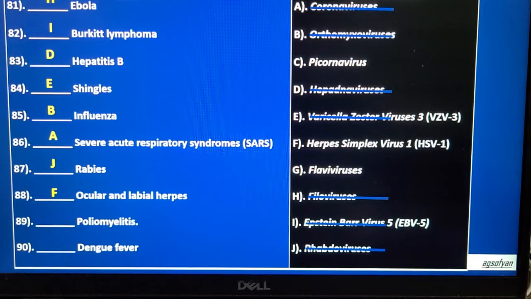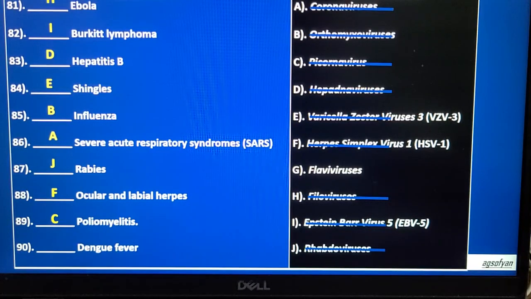So F will be the answer for ocular and labial herpes, which is herpes simplex virus number 1. Cross that off. Poliomyelitis. What is the name of the virus? It's called polioviruses, but it is in the group of picornaviruses. So the answer will be C, which is picornaviruses.